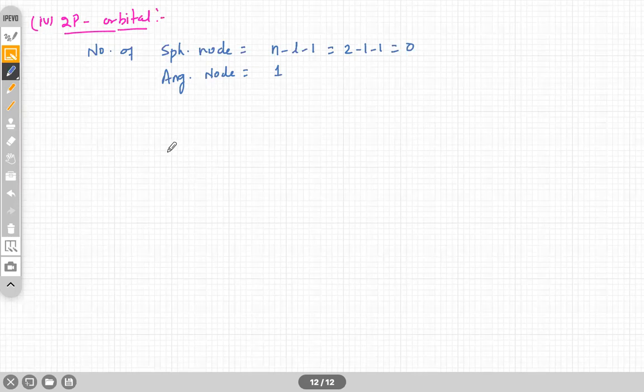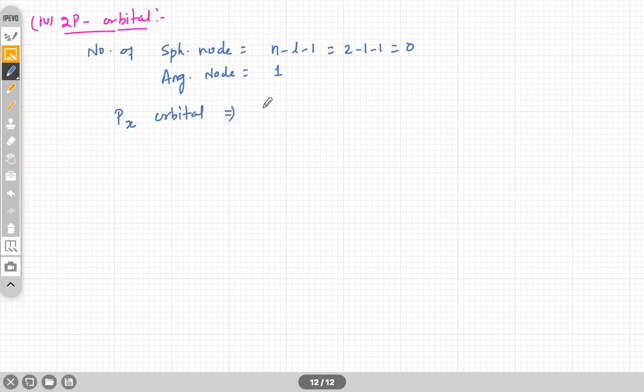So if it is a px orbital, it has one angular node, and for px the angular node is the yz plane. It means the perpendicular plane. Because the electron is in this x orbital, the perpendicular plane, the YZ plane, has no electron present, hence it is the node.